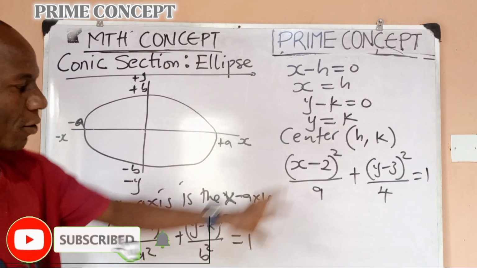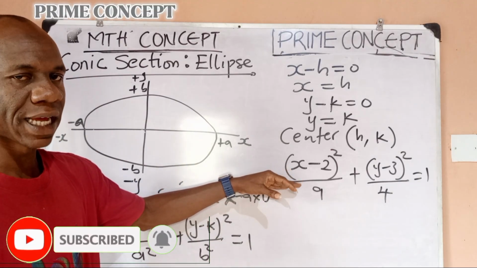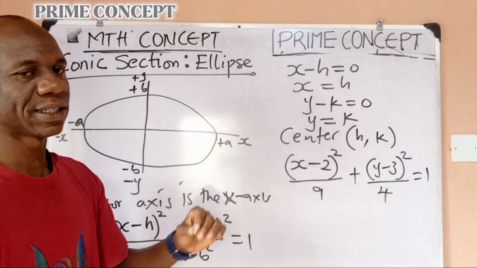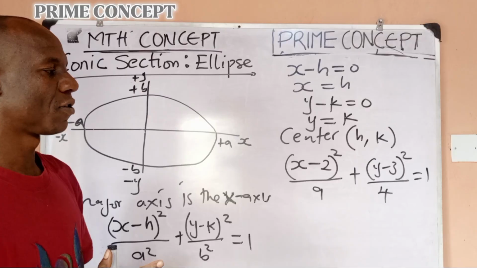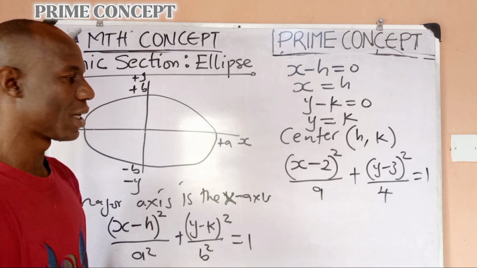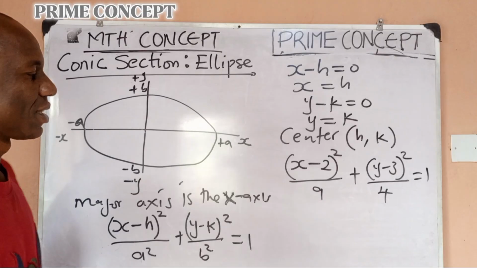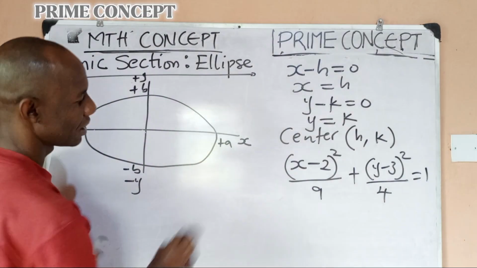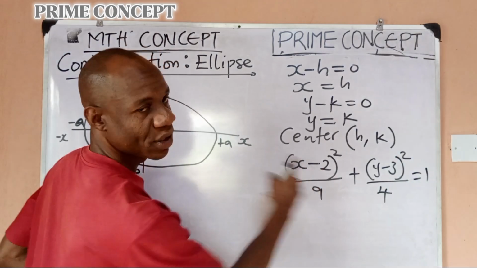Now, for this particular question, we want to get the center of this ellipse, and we also want to find which axis is the major axis. Then if we get that, we'll determine the value of a and the value of b, assuming that is what we want to do here. First, we want to find the center. To determine the center, I would simply notice that this should be equated to 0.